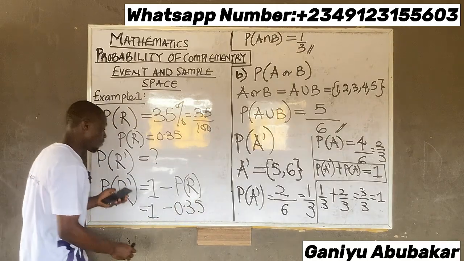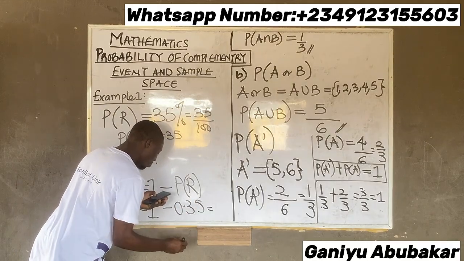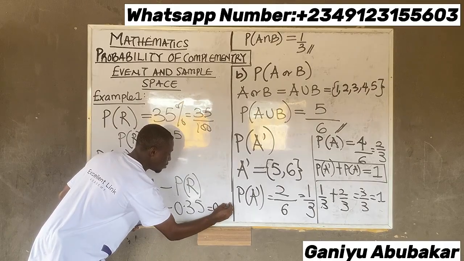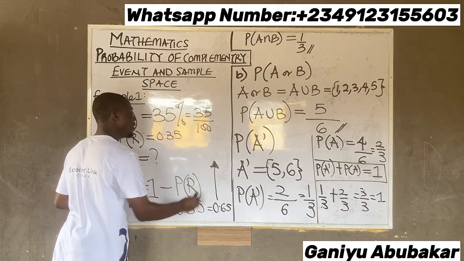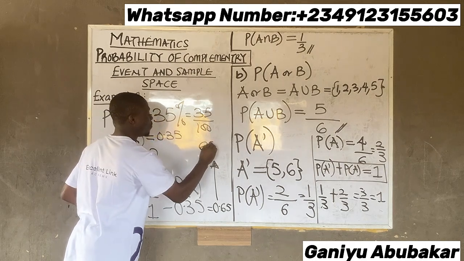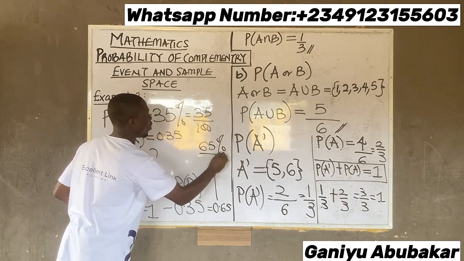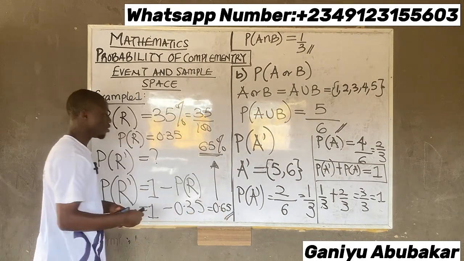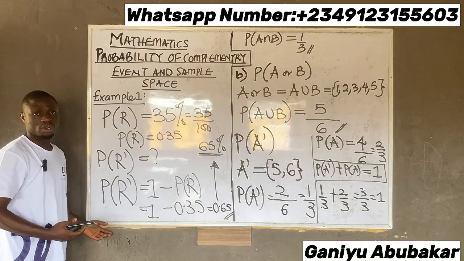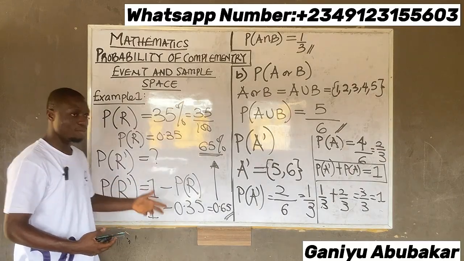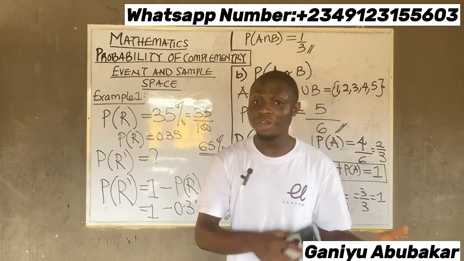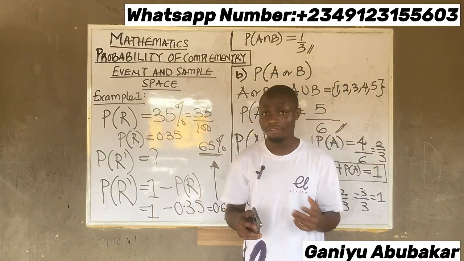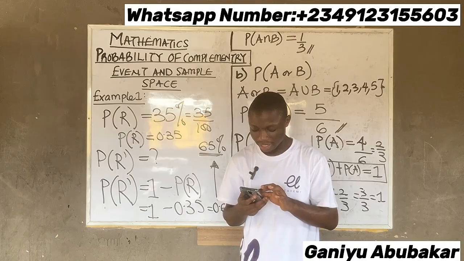In other words, my final answer becomes 0.65, which is 65%. It becomes your answer to this particular question. This is a solved problem when it comes to the probability of complementary events, as simple as this.